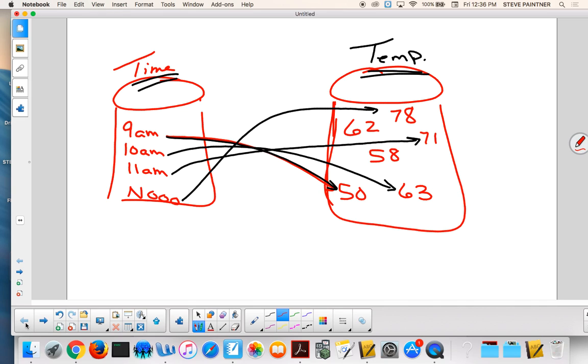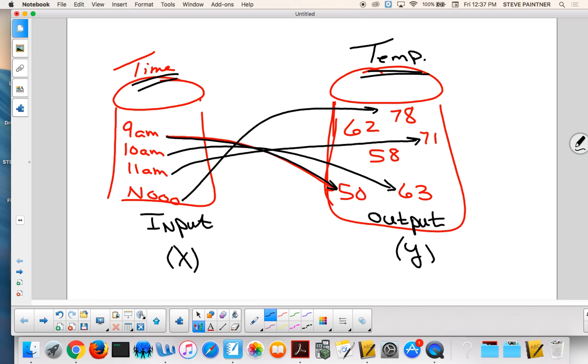I don't really call it A, B. I call it XY. You can call it XY, but I call it input, output. Well, X's are your input. Y's are your output. So the first thing it said to you was each element in A gets what?